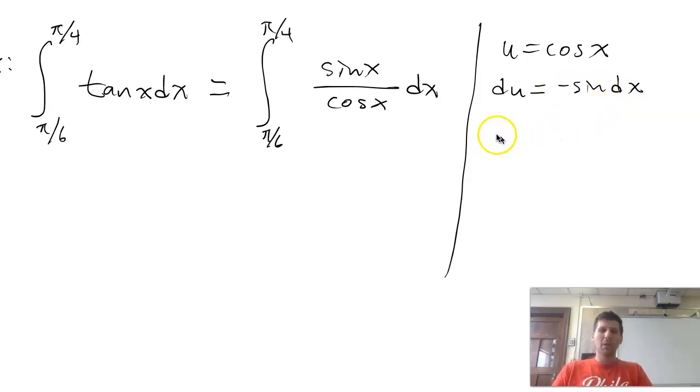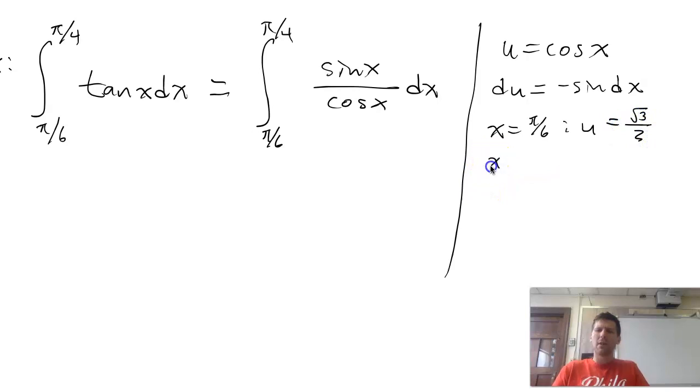So what we could then do, if these are in terms of x, is see what u is going to be when x is pi over 6. What's the cosine of pi over 6? That is 30 degrees, so the cosine would be root 3 over 2.